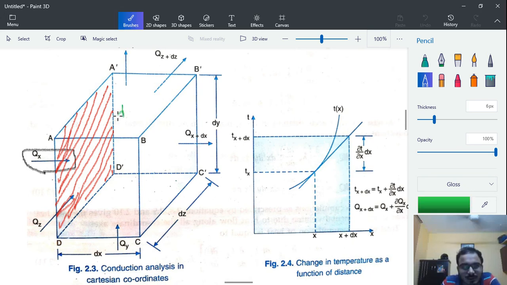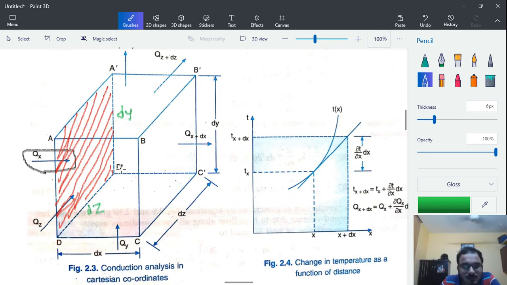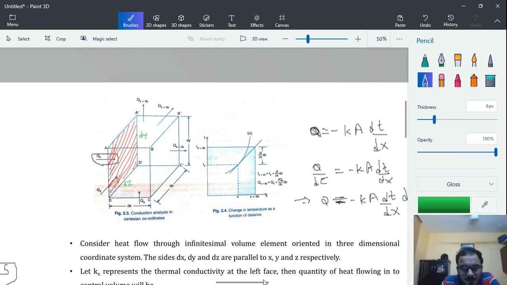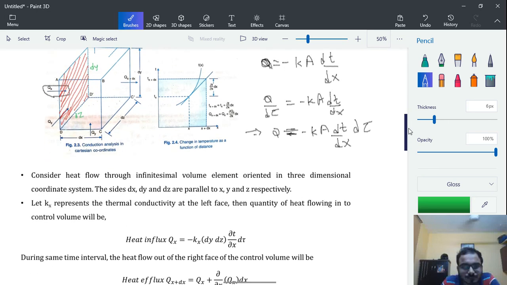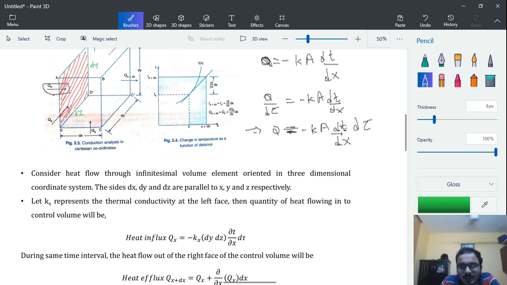This value is actually dy, and this value is dz. So here the value of area is dy into dz. That's why you are seeing this. Instead of dT by dx, we have written del T by del x, because temperature depends on x, y, z and tau. Temperature T is a function of x, y, z, tau.